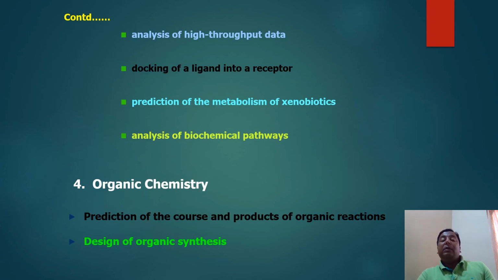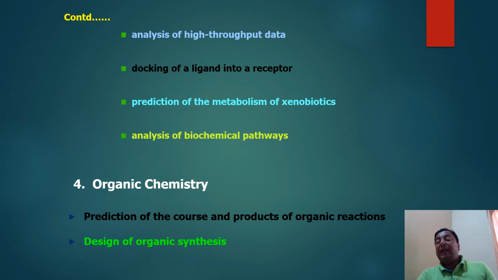So now analysis of high throughput data, how to analyze which are having highly significant statistical values, where we have screened thousands of compounds together. Those things can also be taken into consideration while retrieving and exploring the data.